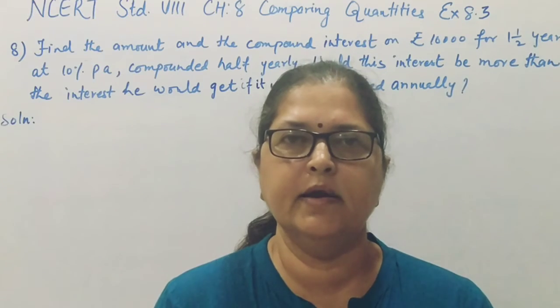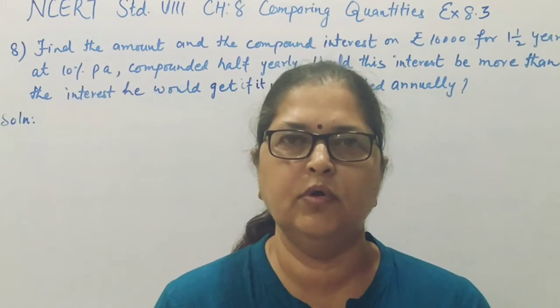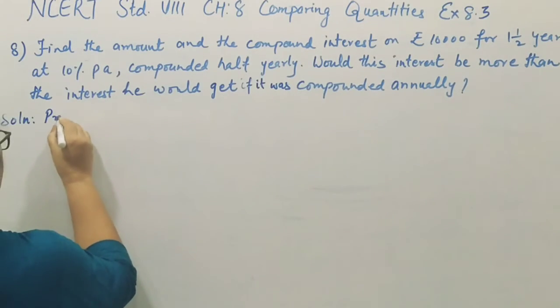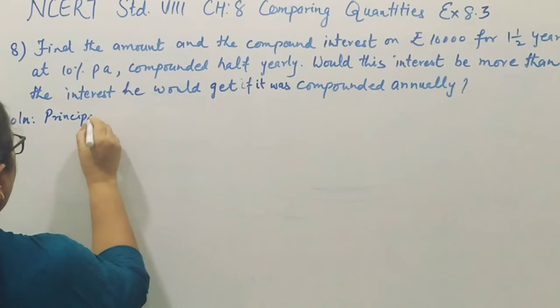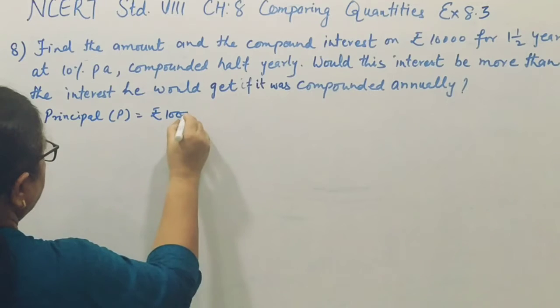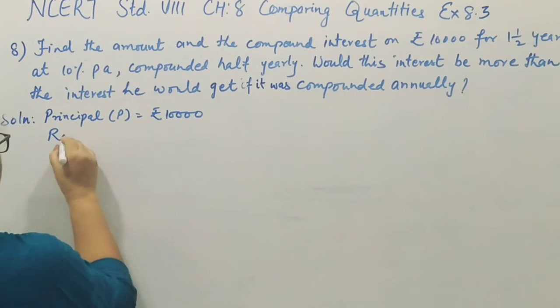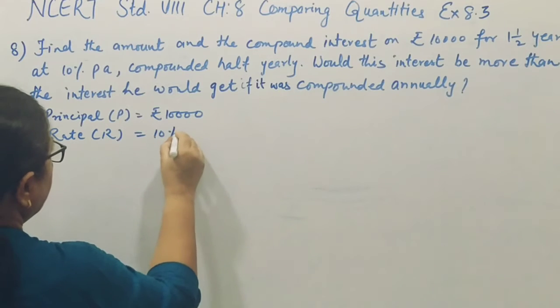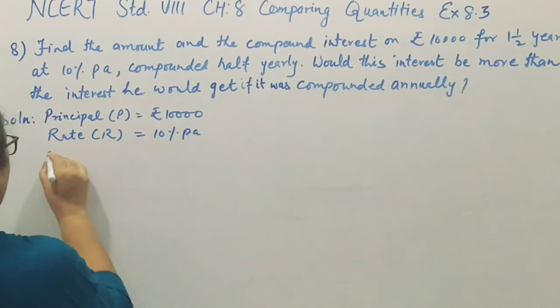Now we will find interest when it is compounded annually. So principal, rupees 10,000. Rate, 10% per annum.